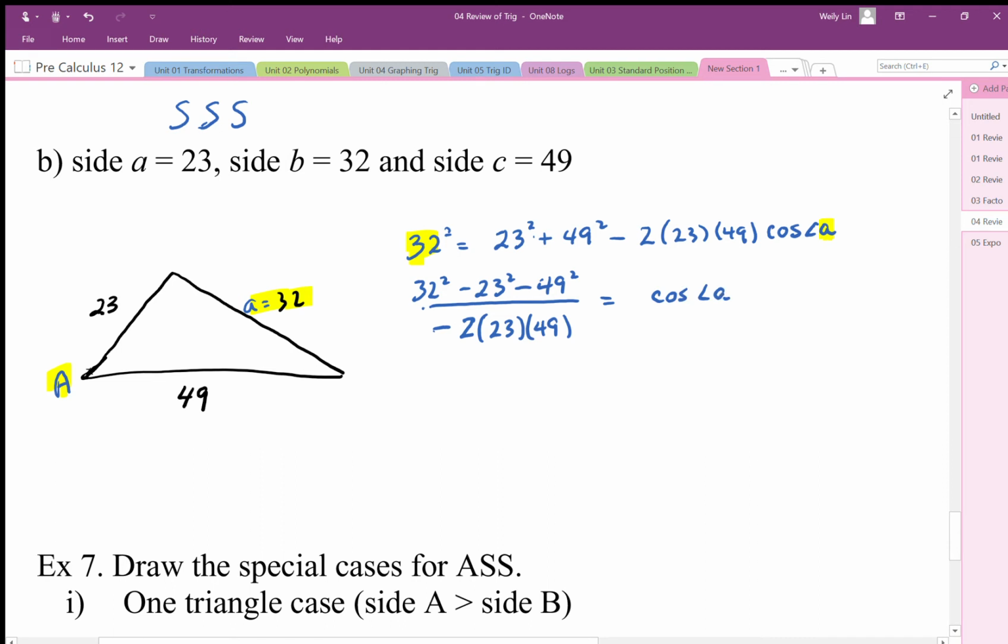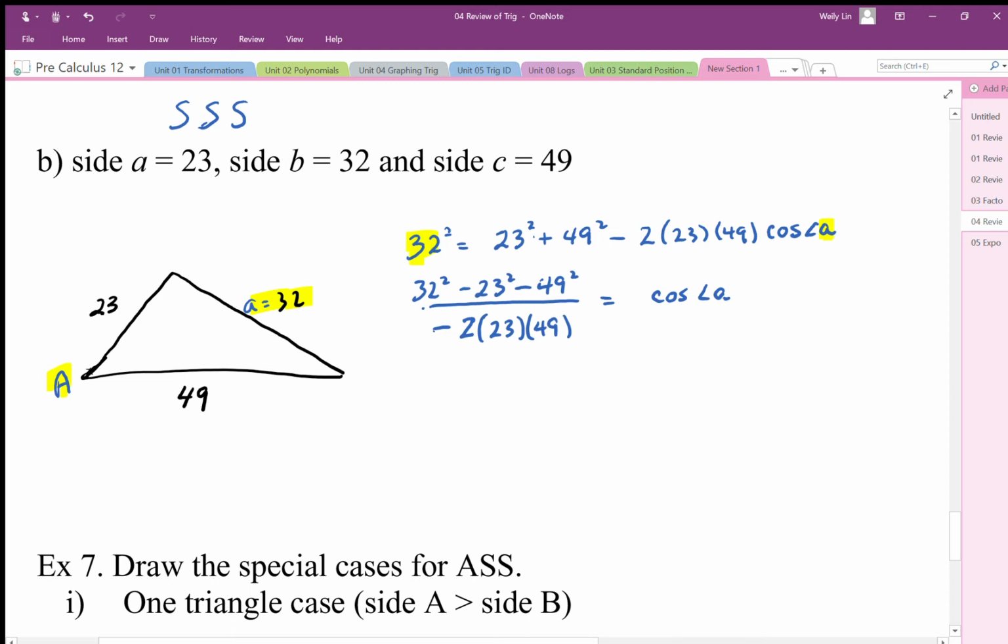So putting that in my calculator, let's see what we get here. We get 32 squared minus 23 squared minus 49 squared, and that's all divided by negative 2 times 23 times 49.